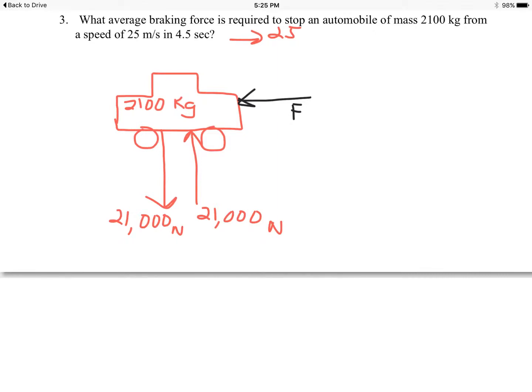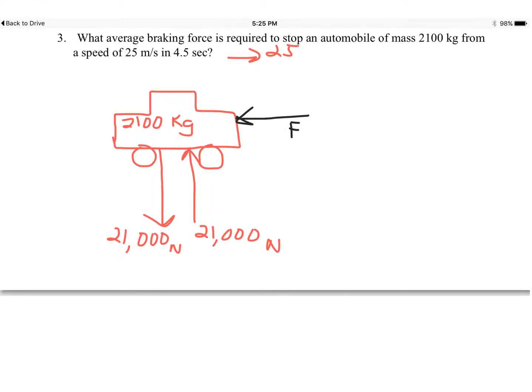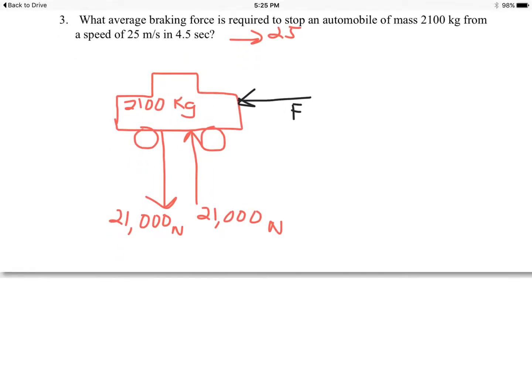When I apply Newton's second law here, F net equals ma. Well, F net is just F. There's one force stopping the car, so the one force is the net force. F equals 2,100, the mass, times the acceleration, but we have two unknowns.